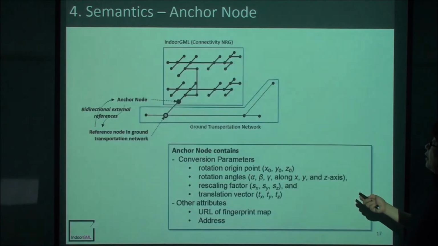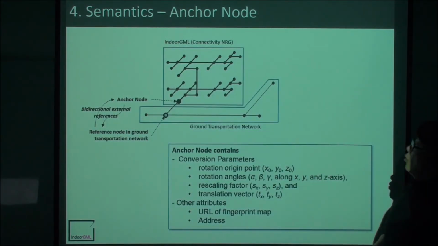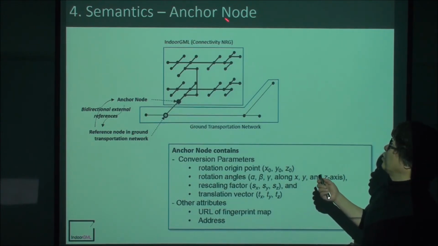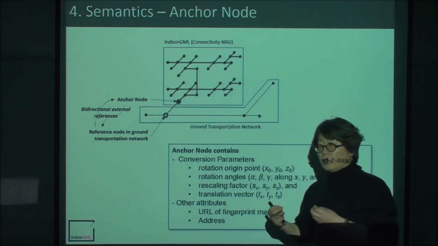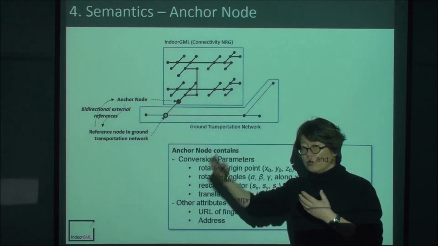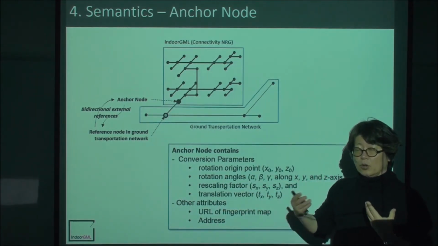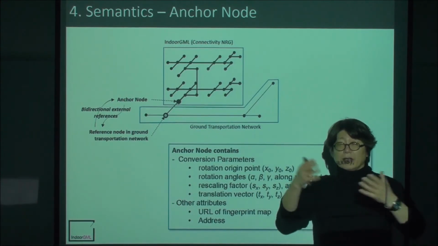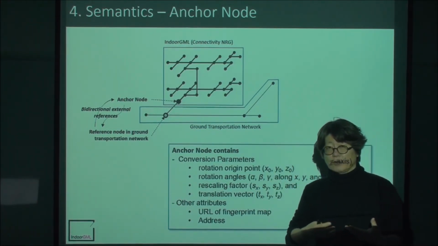But I'd like to mention one very interesting classification, which is called anchor node, which is to connect indoor space and outdoor space. Normally, anchor is defined as a gate. The gate is defined as an anchor.